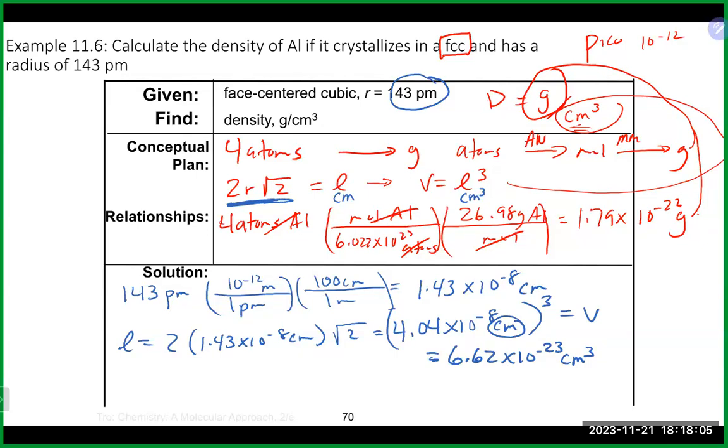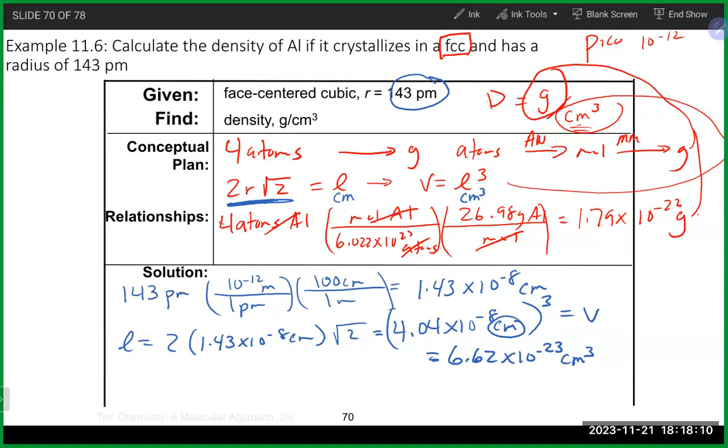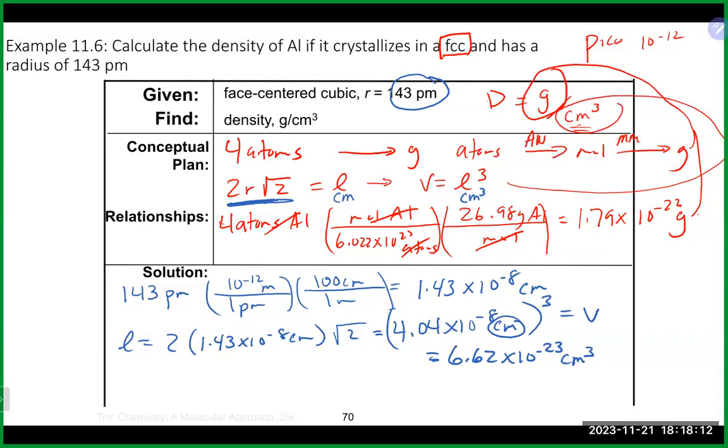Any questions on that there? All that's left at this point is, frankly, to divide the two numbers. So density here would be our mass, which was 1.79 times 10 to the minus 22 grams, divided by our volume of 6.62 times 10 to the minus 23 cubic centimeters.